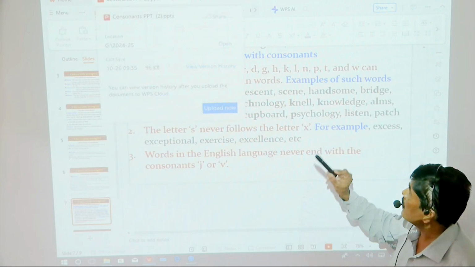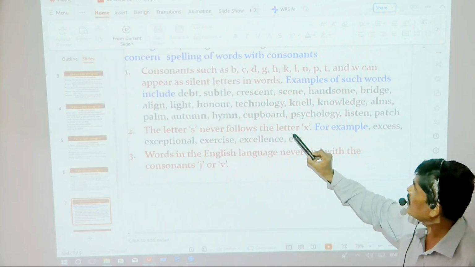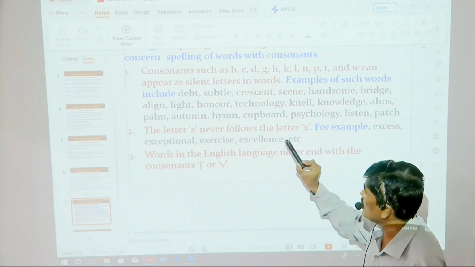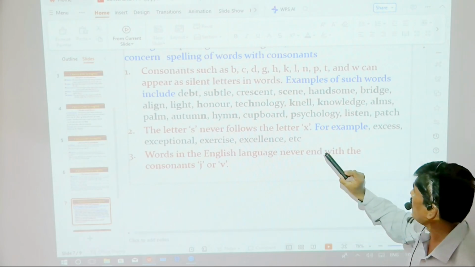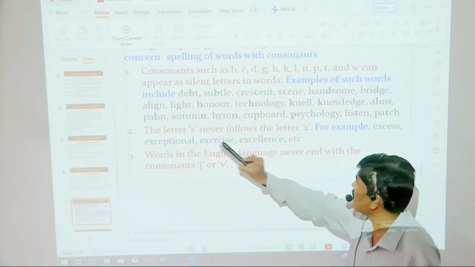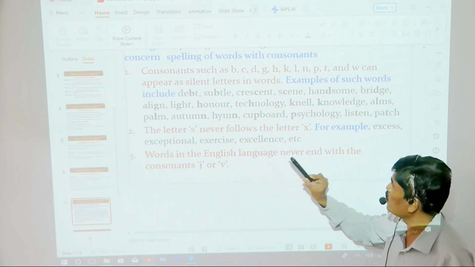The second rule is that the letter S never follows the letter X. Means there is no S after X in any spelling. For example, excess. Instead of S there is a C, because after X, S is not used.